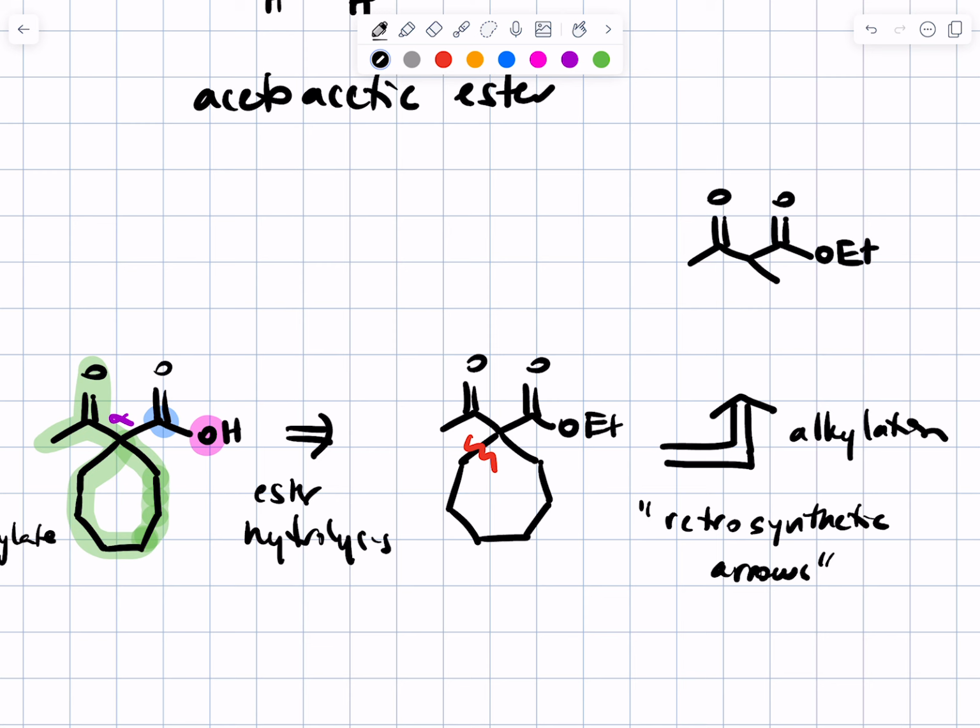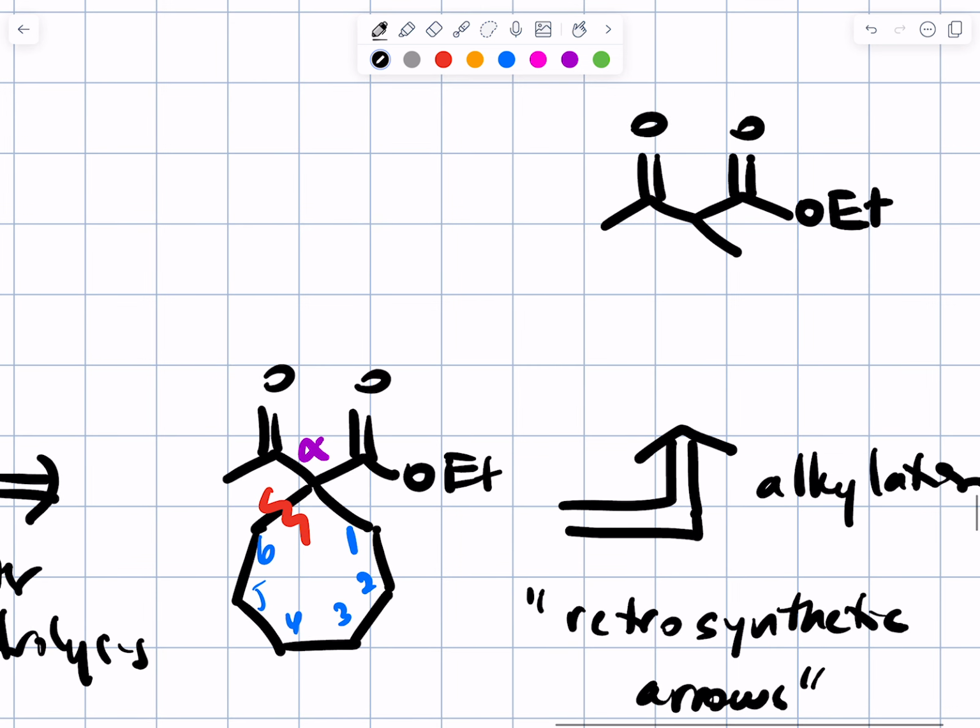So between the alpha carbon, I need 1, 2, 3, 4, 5, 6. Did I miss something? No. 1, 2, 3, 4, 5, 6.